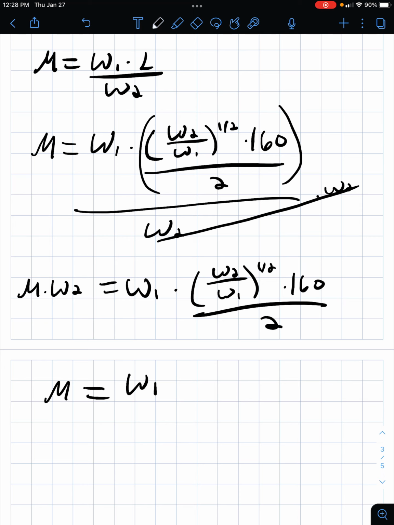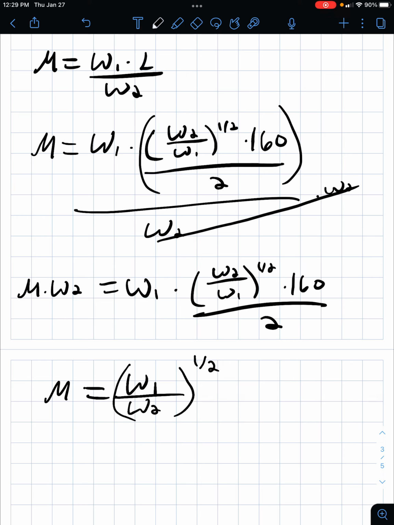W1 over W2 to the 1/2. And how does this happen? Well, basically this is a negative 1/2 plus a positive 1 for W1, because it's in the denominator.